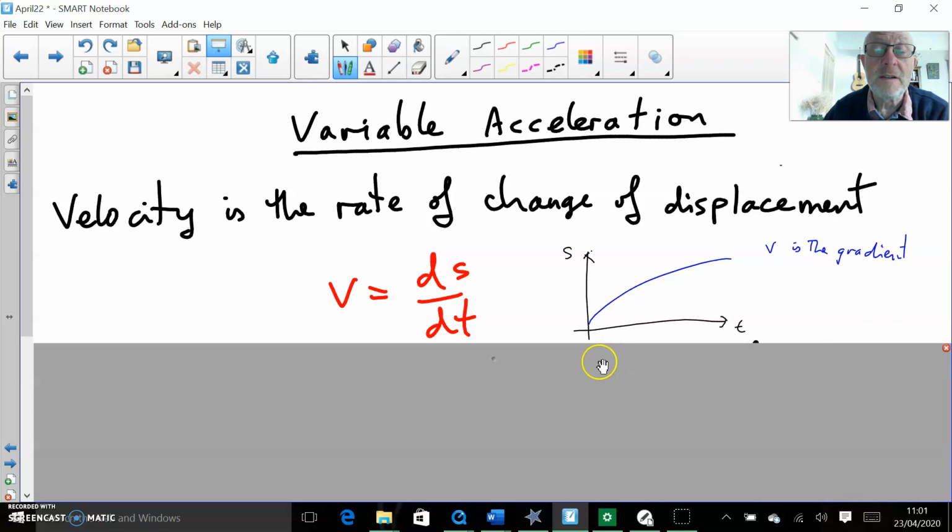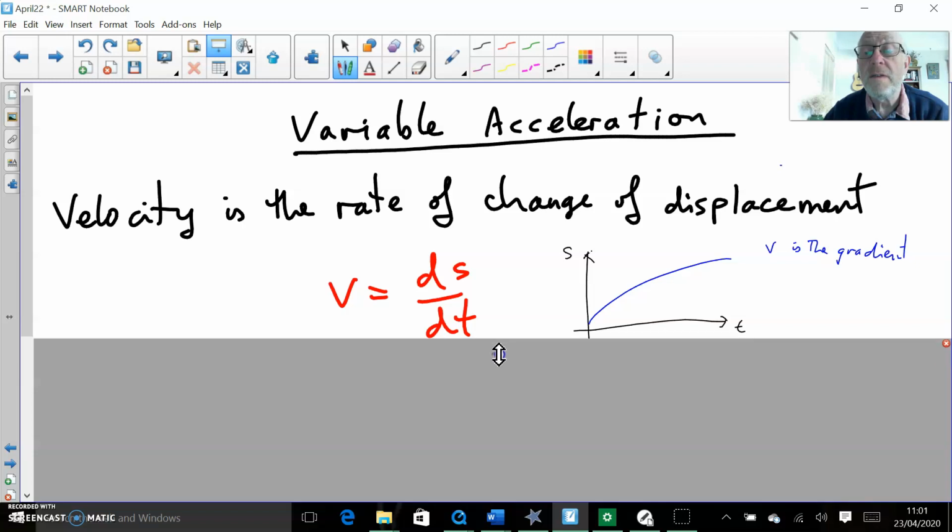If s is a function of time, then v is ds by dt. If we have a graph of displacement against time, then the velocity at any point is the gradient at that point. So velocity at any time is a gradient.